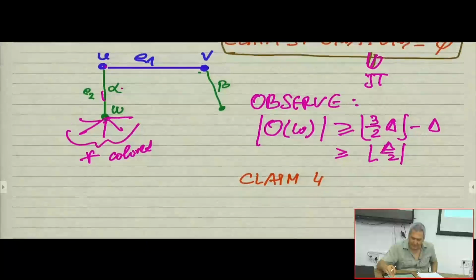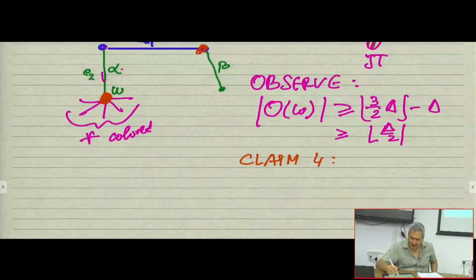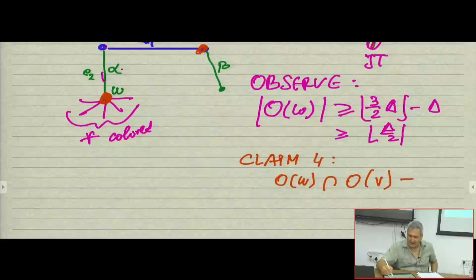Claim 4. Claim 4 says this set here and this set here of missing colors must have something in the intersection. So O of W intersection O of V is not the empty set.